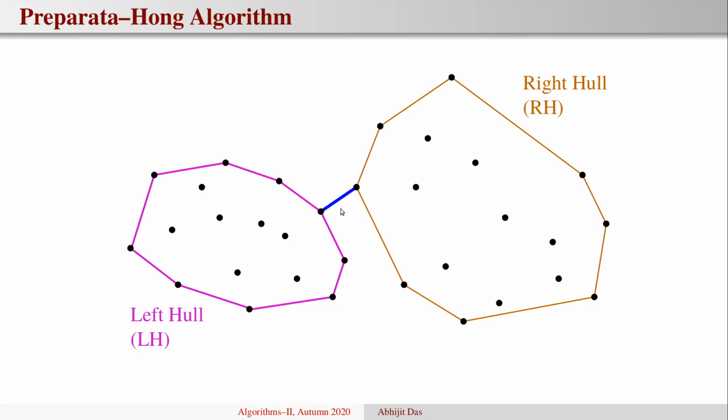Now you can clearly see it simply pierces through the hull, and therefore it is not an upper tangent. For the moment I will not look at this right hull. I will keep on continuing until this line becomes an upper tangent. So let me come here.